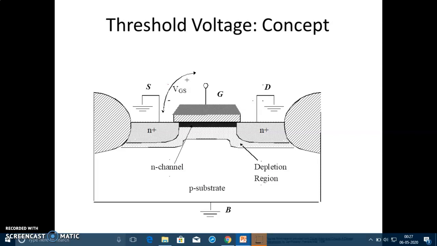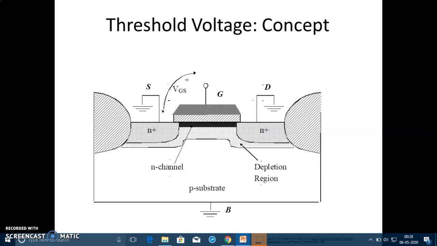Before that, we discuss the PMOS and NMOS transistors' basic material and basic characteristics. First one is threshold voltage.